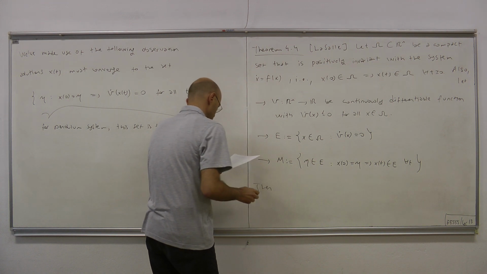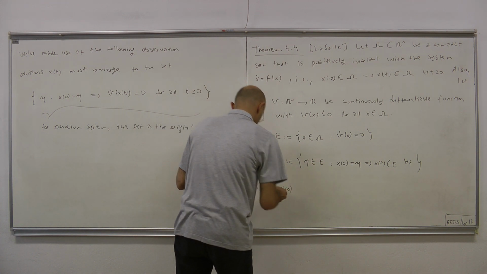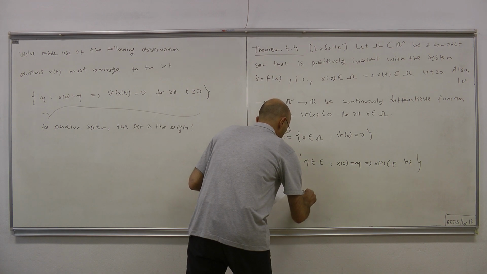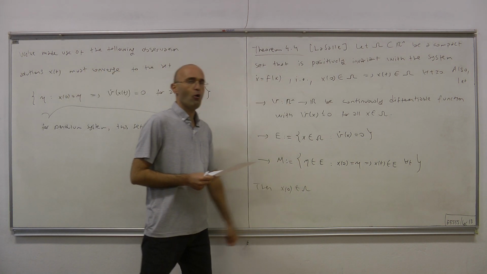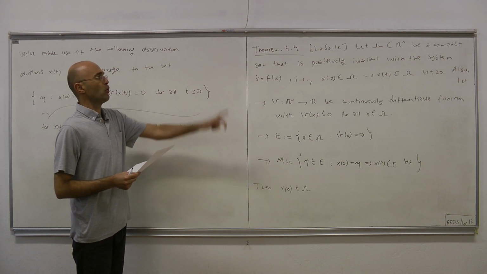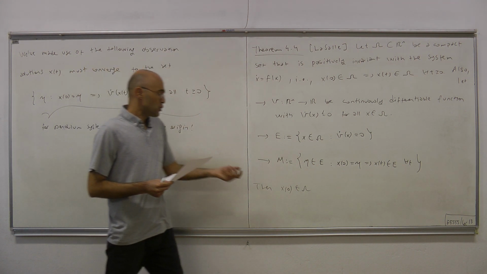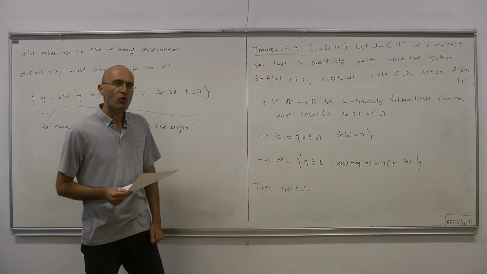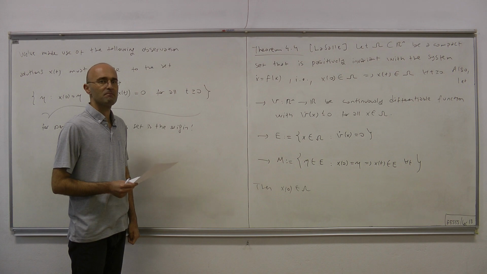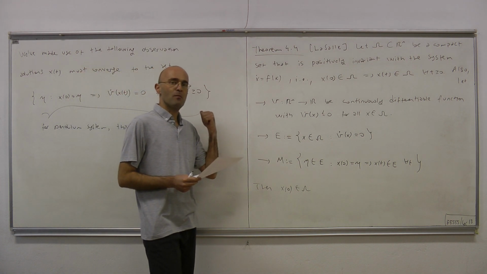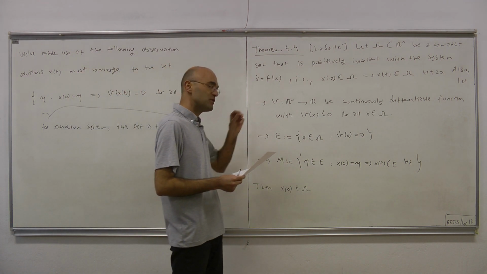Now, then, for x0, the initial condition, starting in omega, which is our positive invariant set, any solution that starts in omega must converge to this set M defined here. And in our pendulum example, we have shown that by very simple arguments.